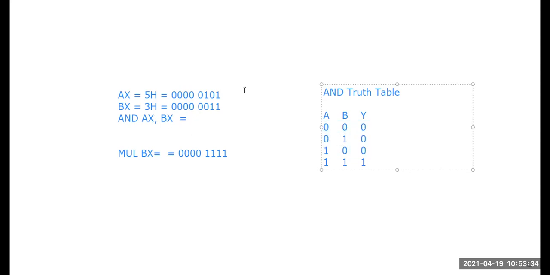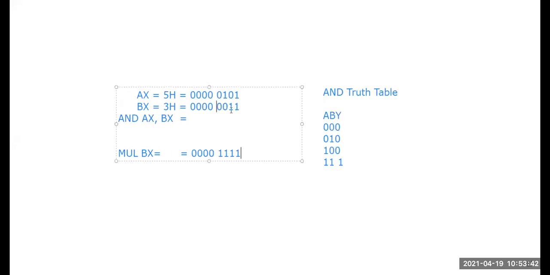So similarly, how can we calculate this? When 0 and 0 are multiplied, we get 0, so 0, 0, 0, 0 according to this truth table. Again, 0 and 1 is 0, 1 and 0 is 0, then again 0, then finally 1 and 1 is equal to 1.